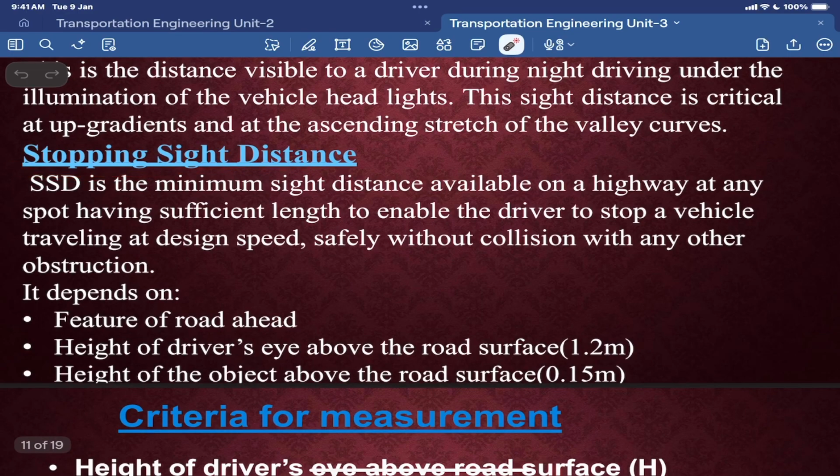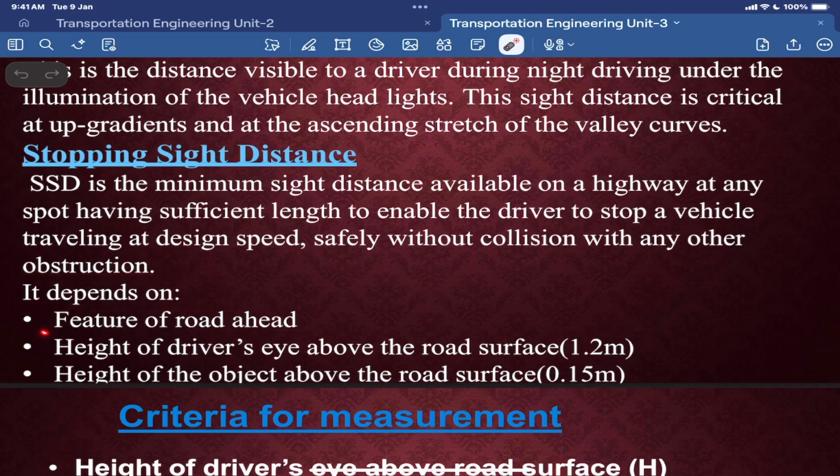Stopping sight distance, SSD, is the minimum sight distance available on a highway at any spot having sufficient length to enable the driver to stop a vehicle traveling at a design speed safely without collision with any other obstruction.